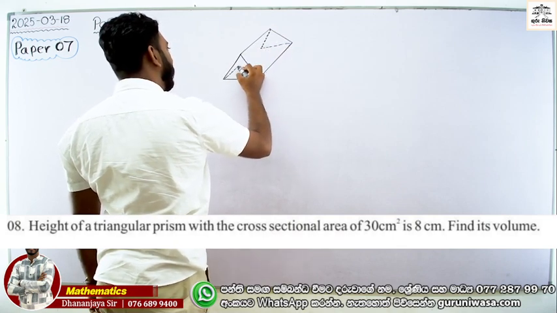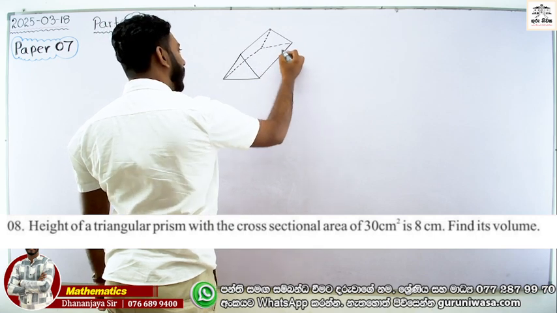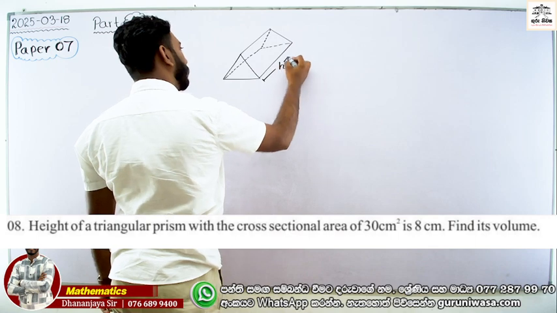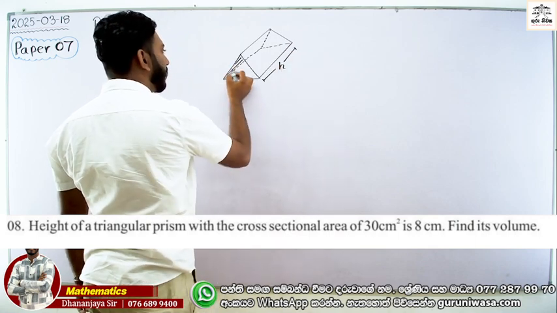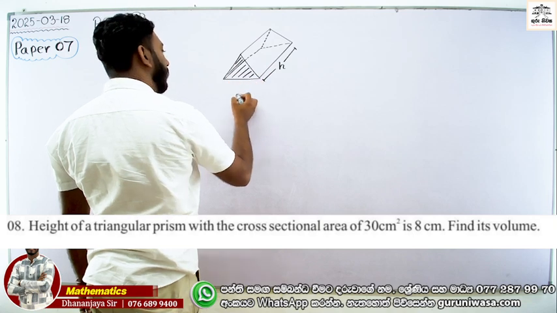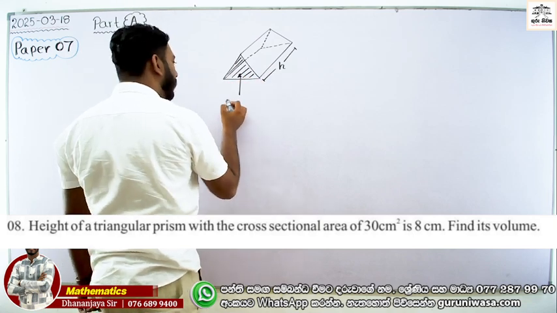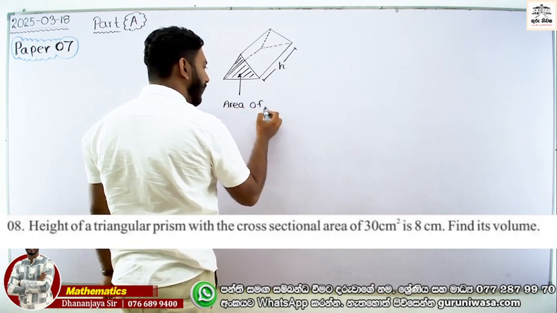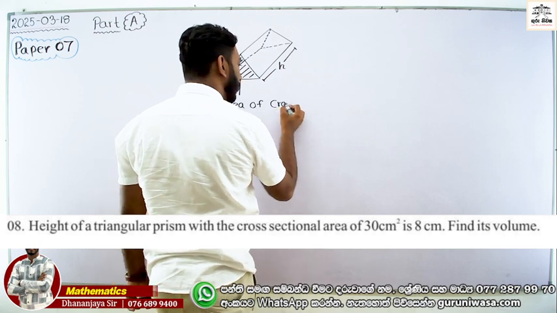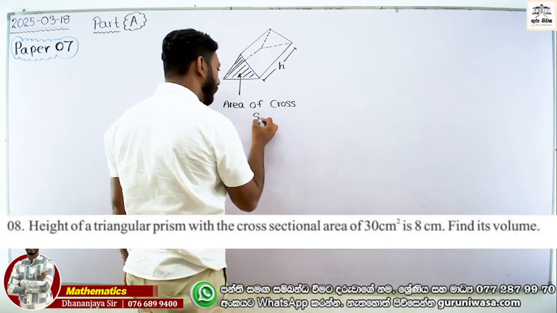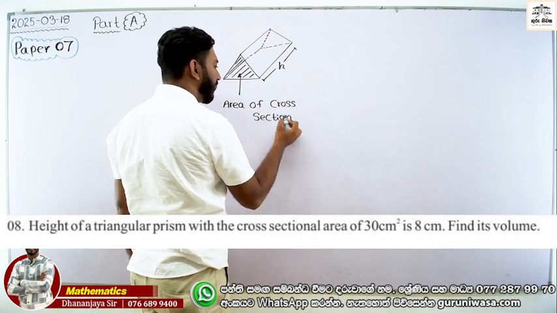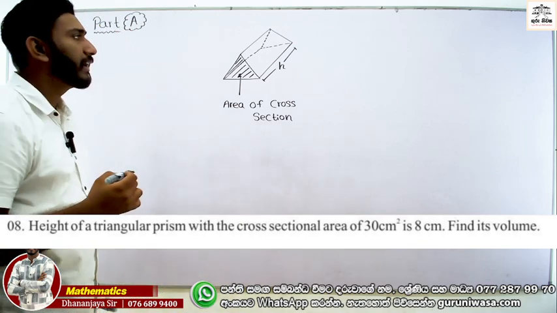This is the height, we call it the length. And this one we call the area of the cross section. And the product between these two things becomes the volume.